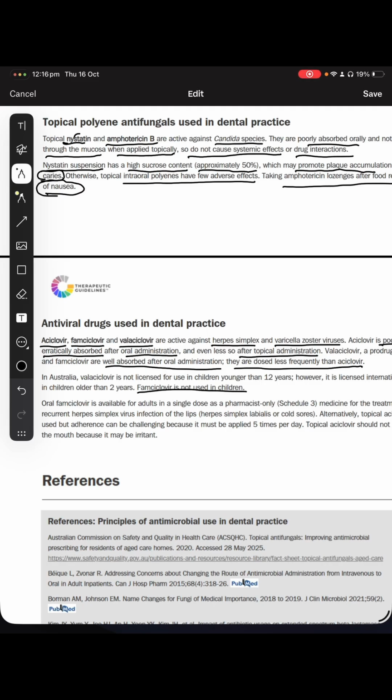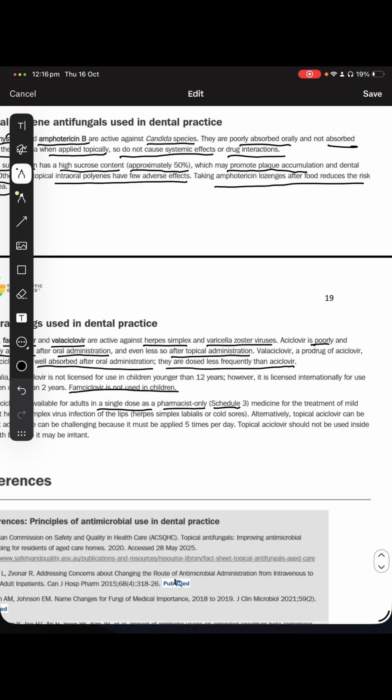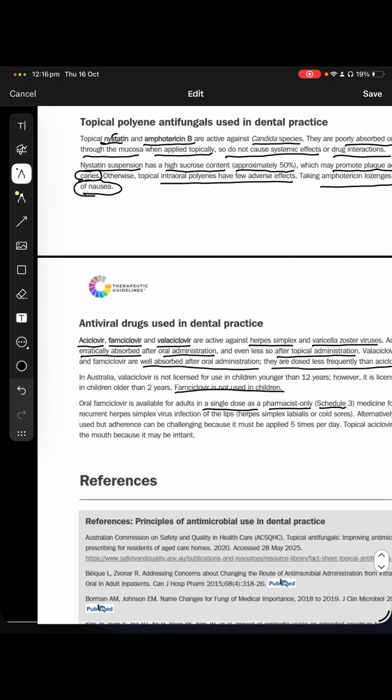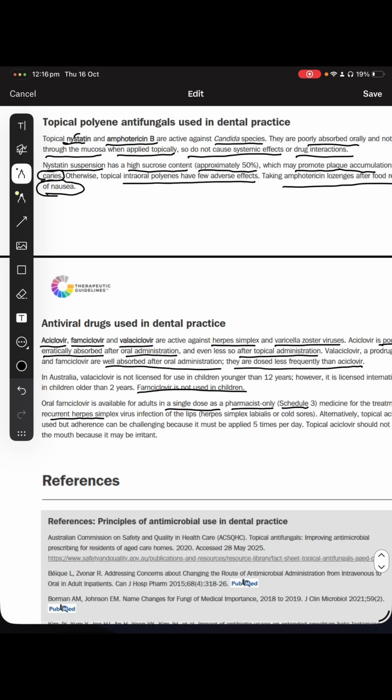Oral famciclovir is available for adults in a single dose as a pharmacist only, Schedule 3 medicine for the treatment of mild recurrent herpes simplex virus infection of the lips, which is called herpes simplex labialis or cold sores.